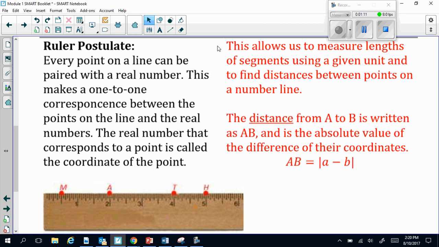So AB is equal to the absolute value of the number that corresponds to A minus the number that corresponds to B. Remember, absolute value just means that it's the distance from 0. So first you'll do your subtraction and then find distance from 0. Essentially, it's going to make it positive. Pause here, because I know that was a lot of writing. And then we will take a look at actually finding some distances using our ruler postulate.